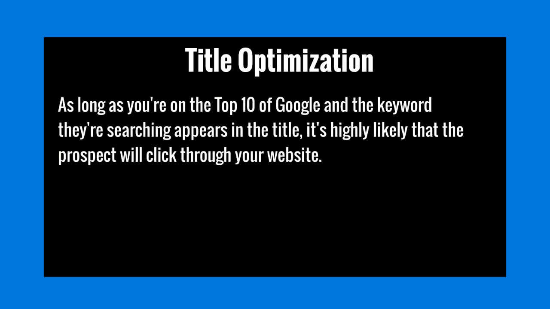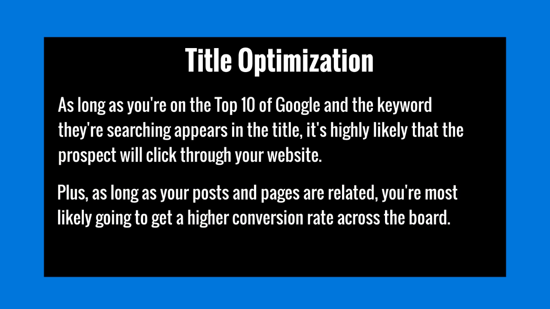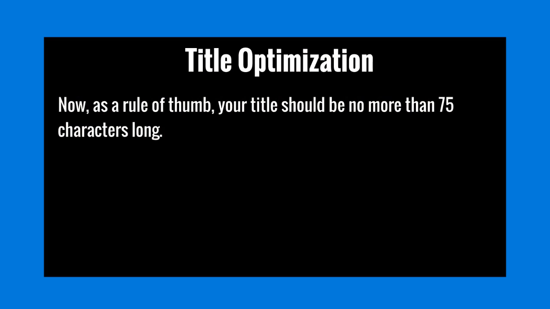So as long as you're congruent from the keyword to the title, to the post or page, to the content itself, to the call to action, to the product, everything is congruent from the beginning to the end, you're most likely going to gain the trust of the prospect, and you're most likely going to get the conversion. That's the most important thing. So as long as your post and pages are related, you're most likely going to see a higher conversion rate across the board, like I said earlier.